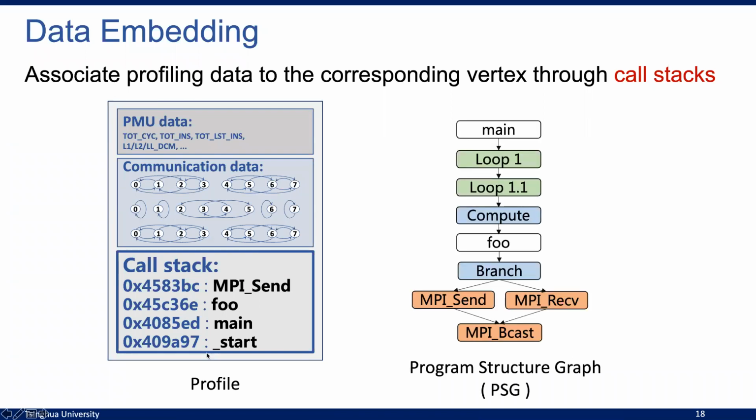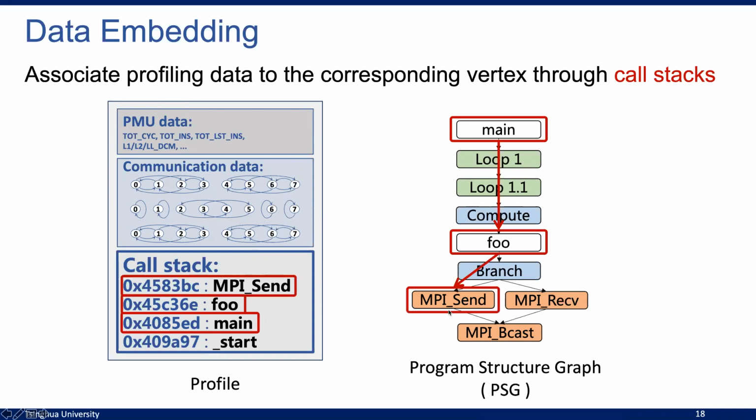We use call stacks to identify the corresponding vertex in the PSG, like this: the main function, the foo function, and the MPI send. And then we write the performance data, PMU data, and the communication data to this vertex.